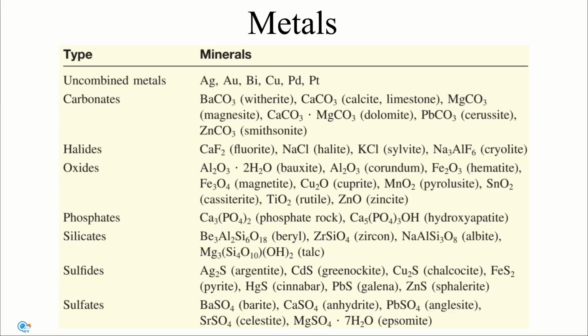Furthermore, vast areas of the ocean floor are covered with manganese nodules, which are made up mostly of manganese, along with iron, nickel, copper, and cobalt in a chemically combined state.